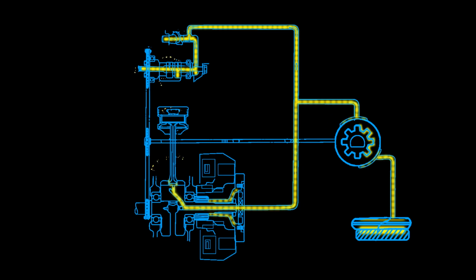Oil is also supplied to the cylinder head and it comes out from the rocker shaft and camshaft to lubricate the cam lobes, rocker and cam chain.